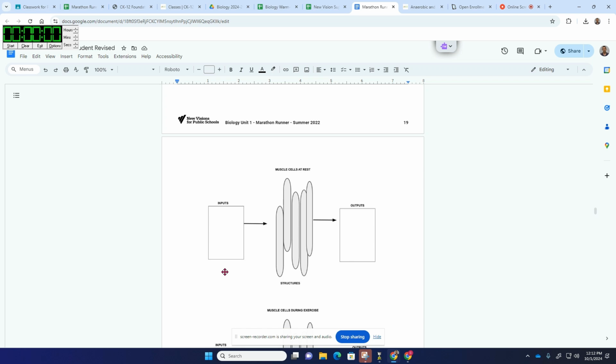So the inputs, and you'll have to pause it once I talk about these and fill in your model. The inputs are, number one, oxygen, right? We breathe in oxygen, muscle cells then take in the oxygen. And they get this out of the blood, right? So we breathe it in, it goes to our lungs, from our lungs into our blood to our muscles. That's a very common pathway for things in our body.